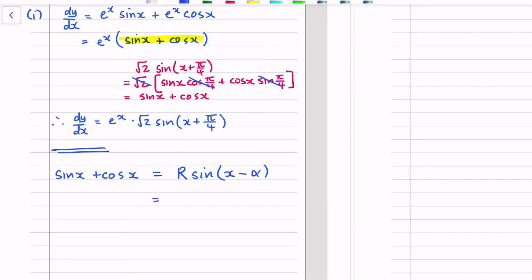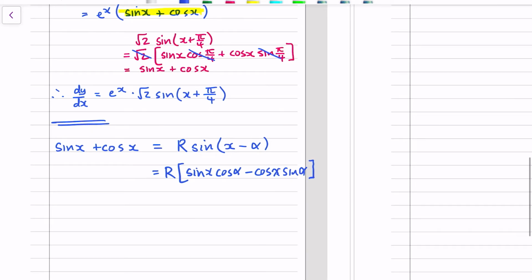I expand out the right hand side using the compound angle formula. Sine x cos alpha minus, oopsies, it's a sine x cos alpha minus cos x sine alpha.